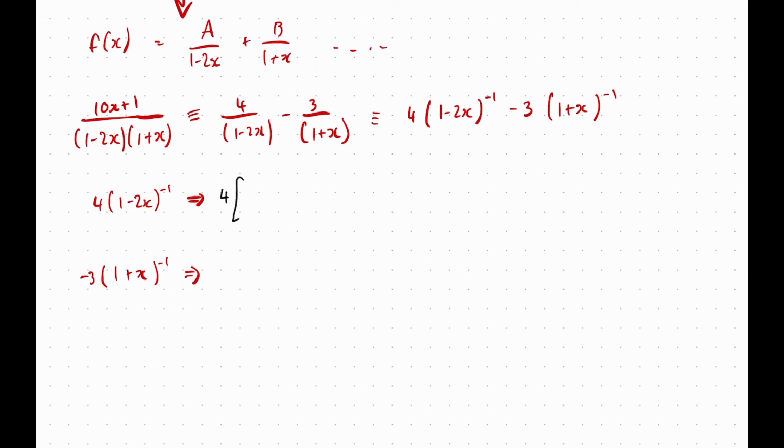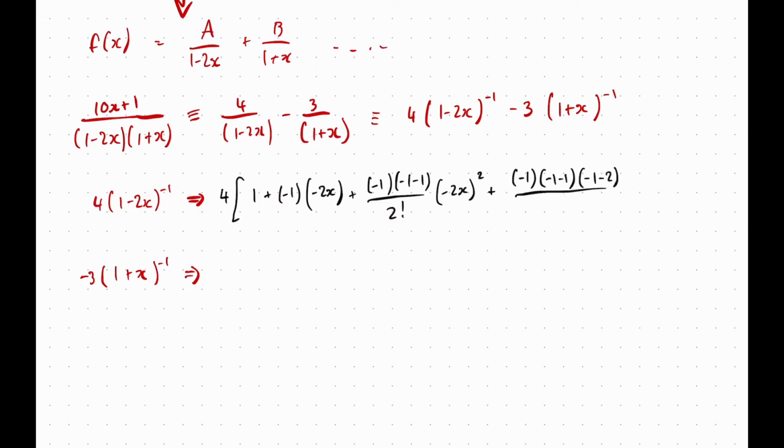So you've got 4 times 1 plus n, which is minus 1, times our x, which is minus 2x, plus n(n minus 1) over 2 factorial times minus 2x squared, plus n(n minus 1)(n minus 2) over 3 factorial times minus 2x cubed, and so on and so forth.